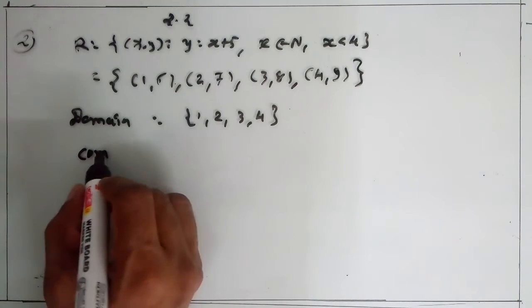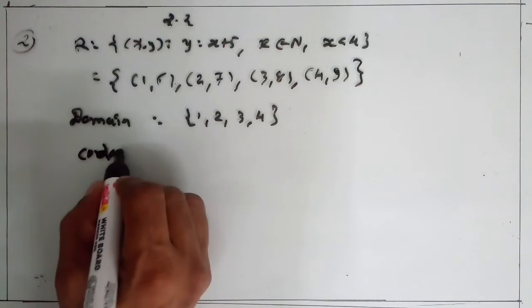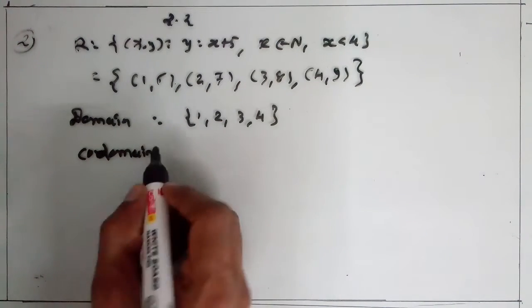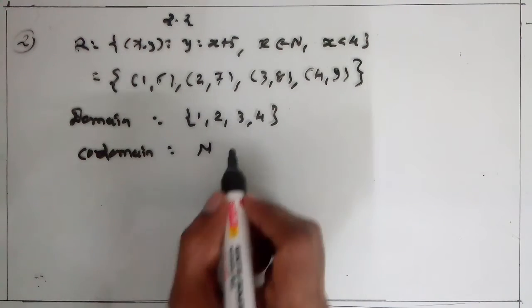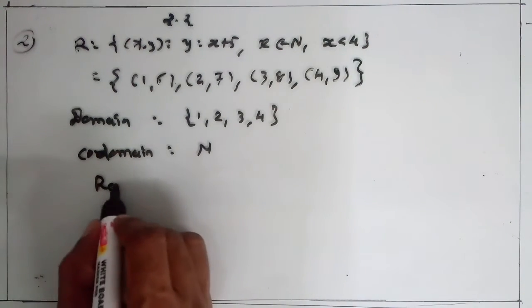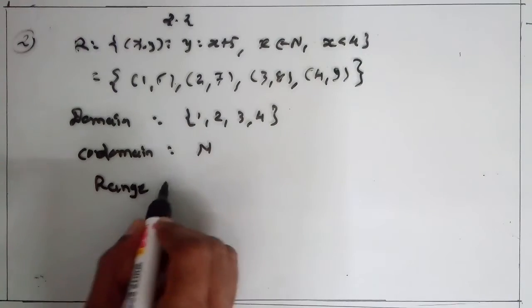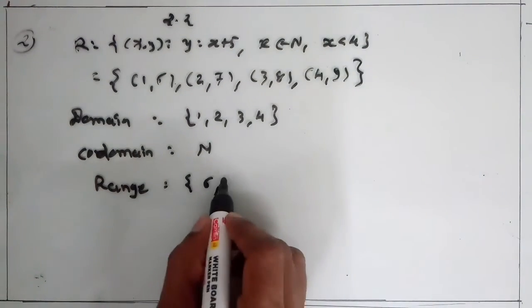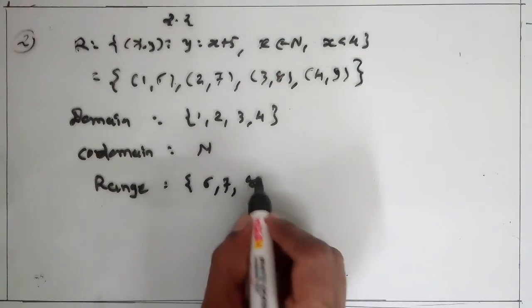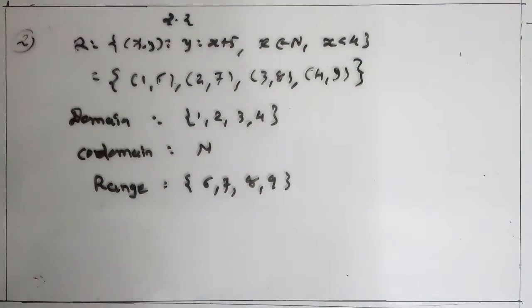Codomain is N. And what do you say about the range? Range is the second element of each ordered pair: 6, 7, 8 and 9. Clear?